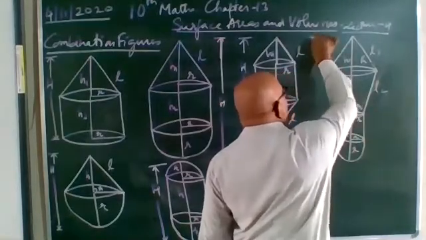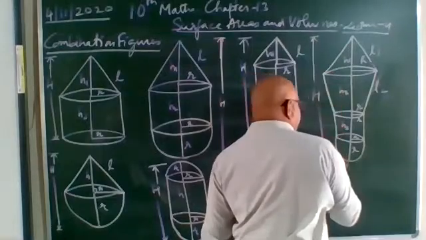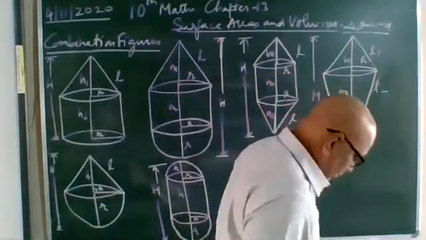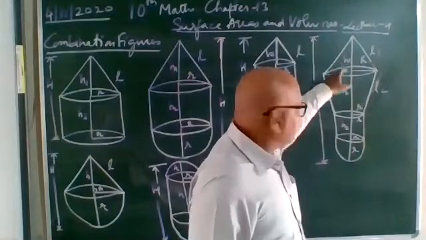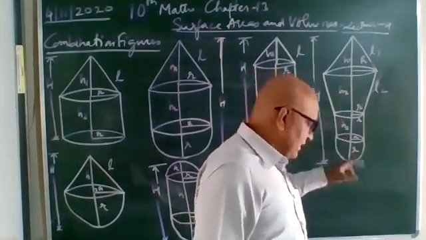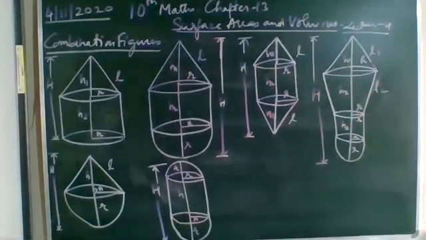You will get the total height like this. From one figure, you must know all the things: conical part, frustum, cylindrical part, hemispherical part. So we have this type of figures also.